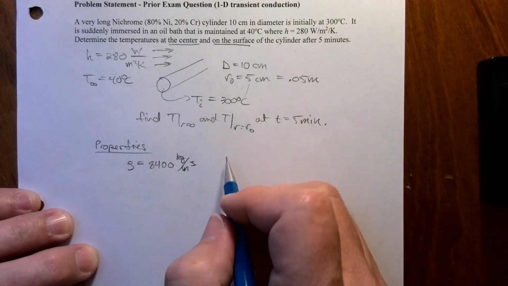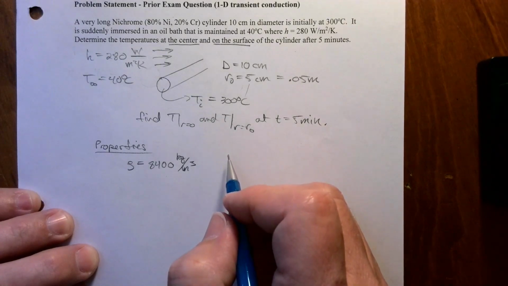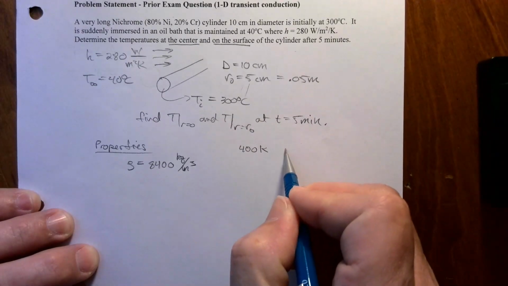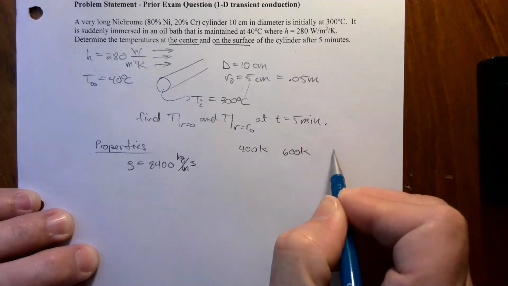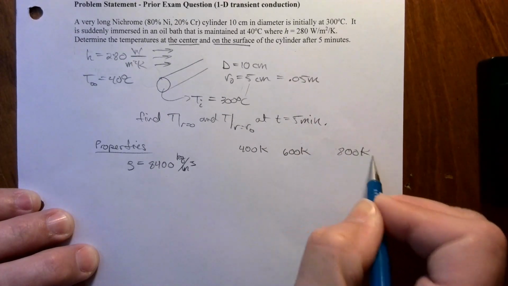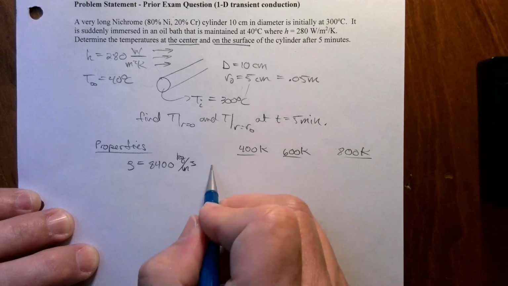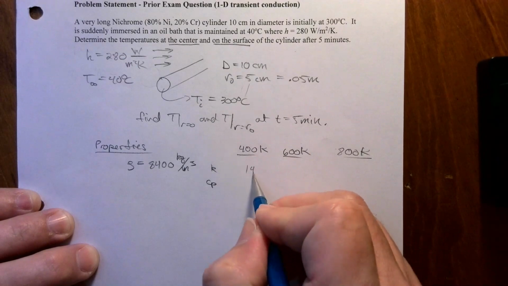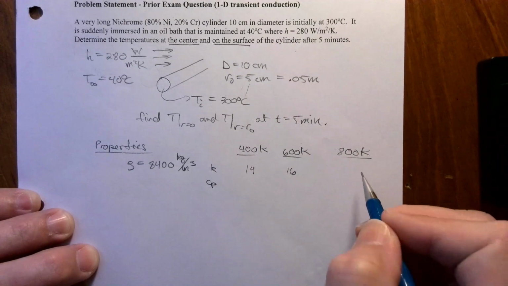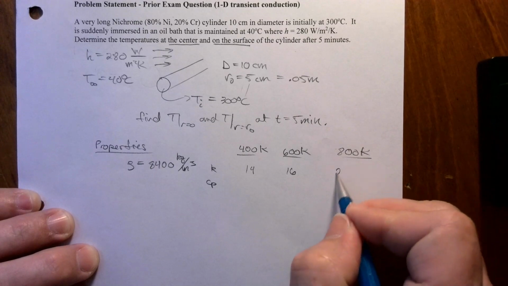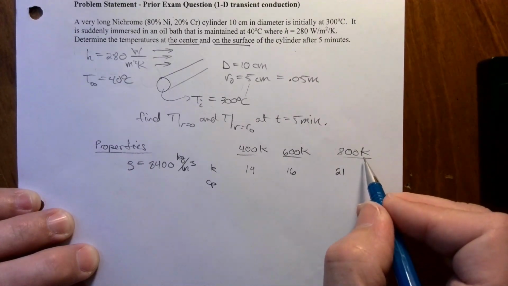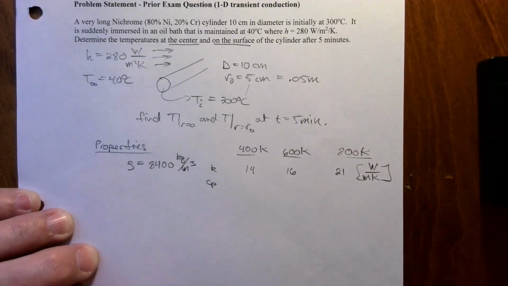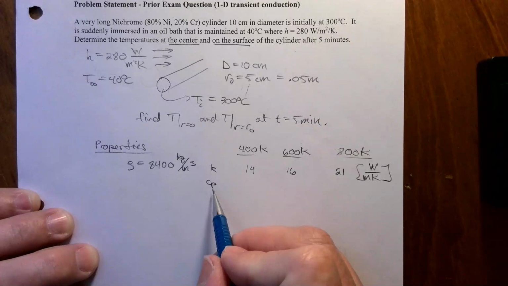For the k values, I'm going to write down what I found in the table at the various temperatures: at 400 K, at 600 K, and again at 800 K. From the tables, they give us a k and a C sub p. k is 14 for 400, 16 for 600, and 21 for 800. The units are our standard units, watts per meter per Kelvin.